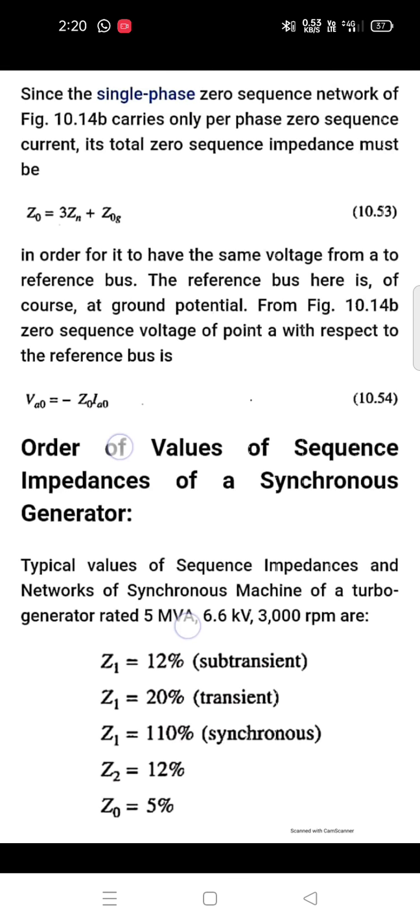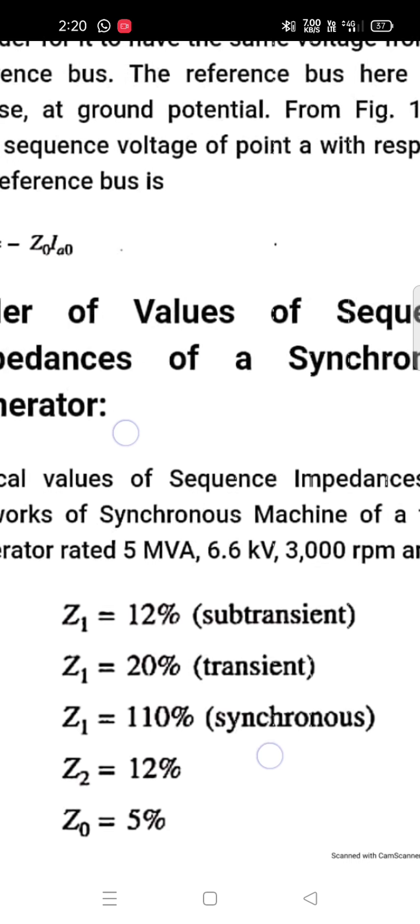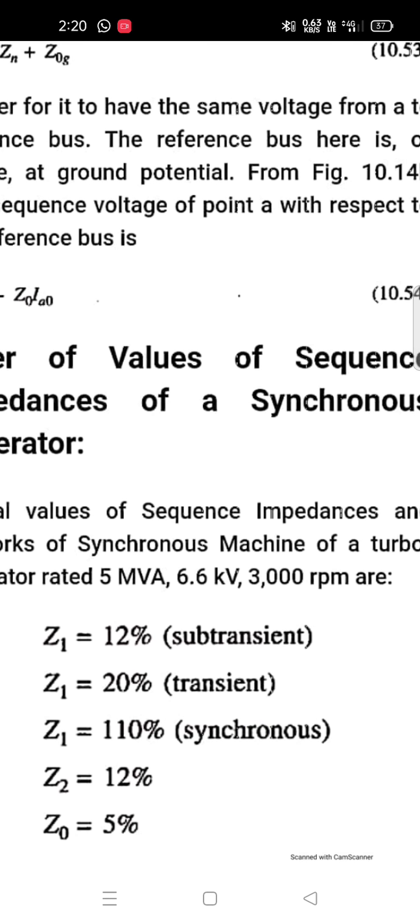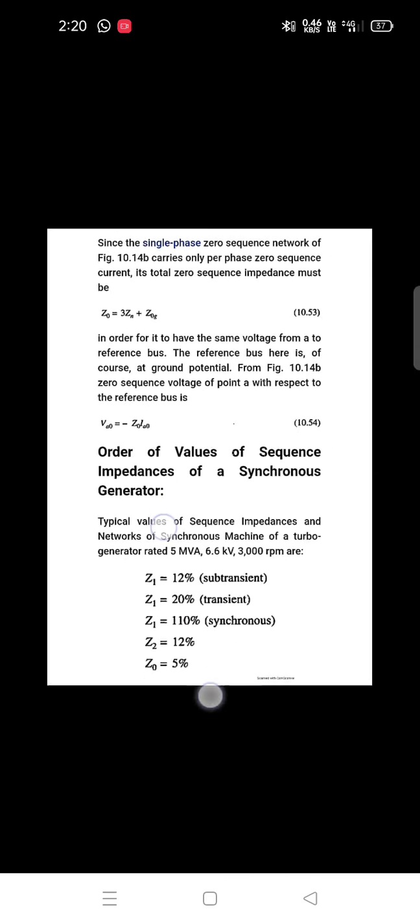Now for the order of value of sequence impedances of a synchronous generator. Typical values of sequence impedance and network of a synchronous machine, of a turbo generator rated 5 MVA, 6.6 kV and 3000 rpm. Here Z1 for subtransient, transient and synchronous values are given, and Z2 negative impedance and 0 impedance are also given.